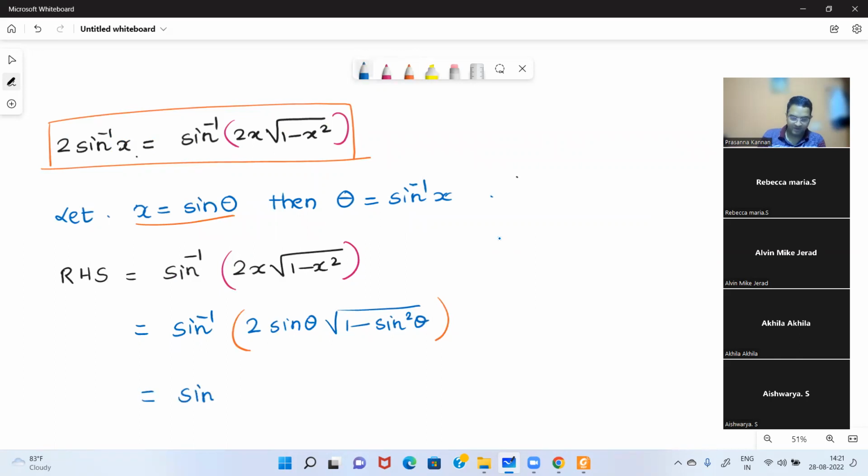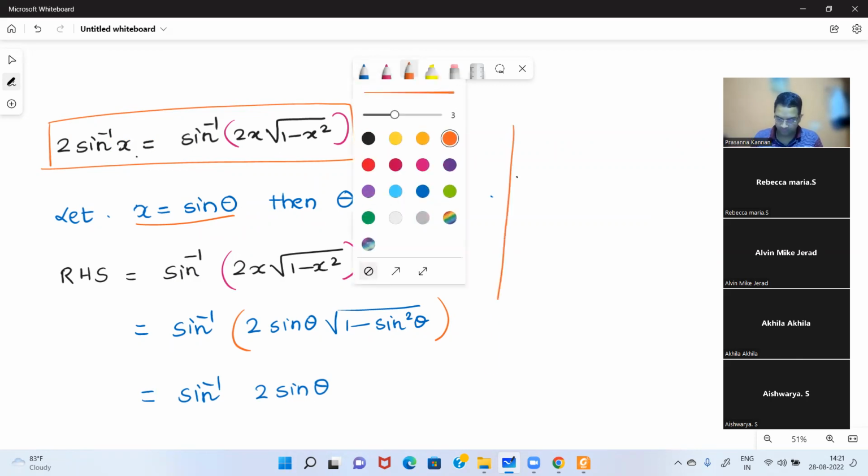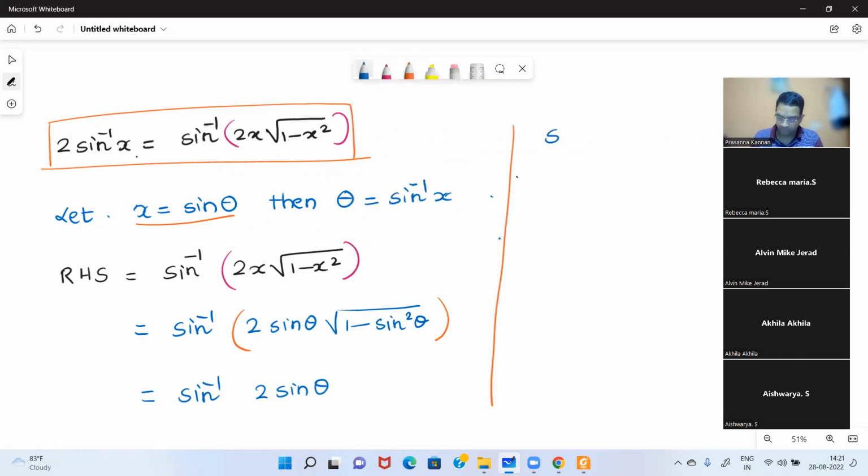So this will be sine inverse of 2 sine theta into root of 1 minus sine square theta. We know that sine square theta plus cos square theta is 1. So what is cos square theta? 1 minus sine square theta.